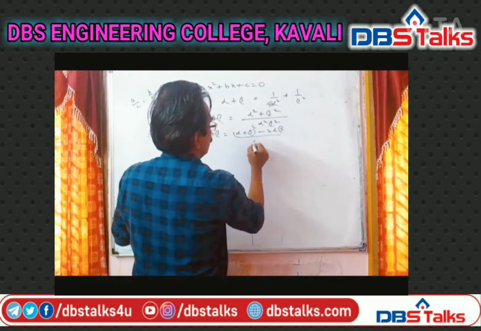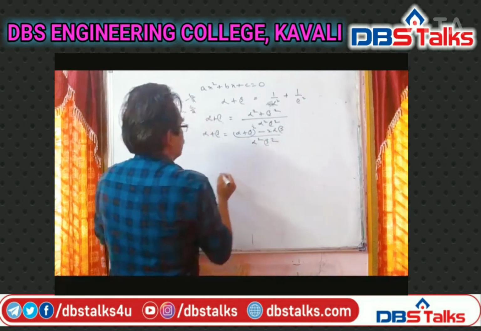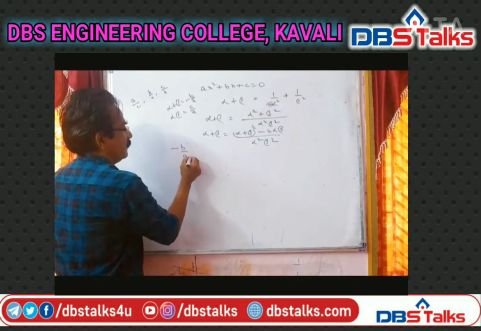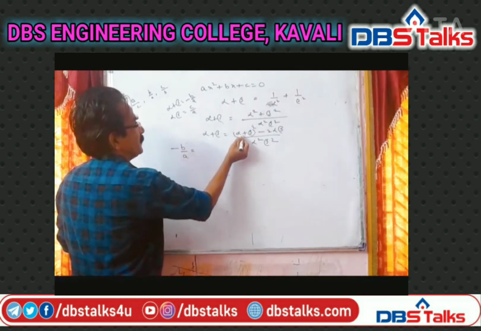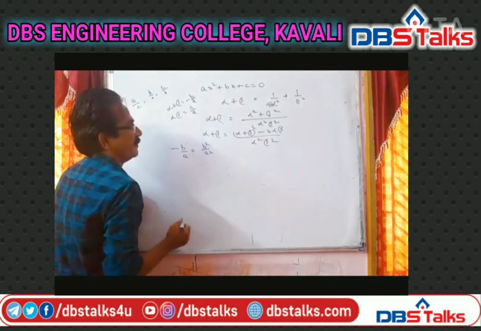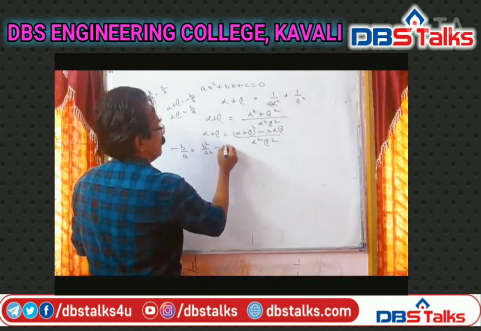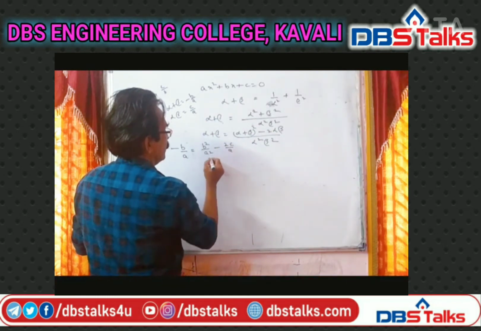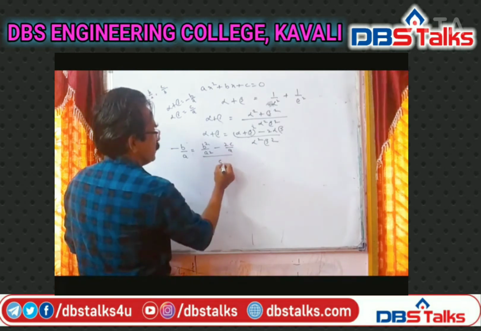Right, friends? Now let us substitute. Minus b by a is equal to minus b by a whole square, b square by a square, minus 2 alpha beta, alpha beta is equal to c by a, 2c by a, over c square by a square.